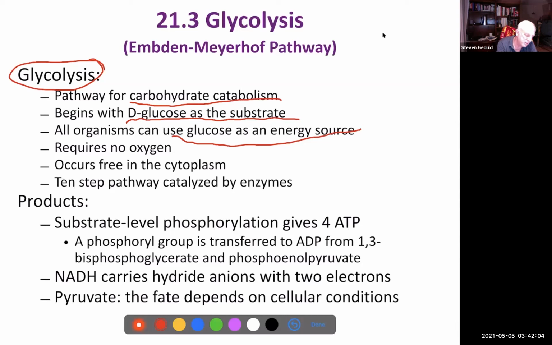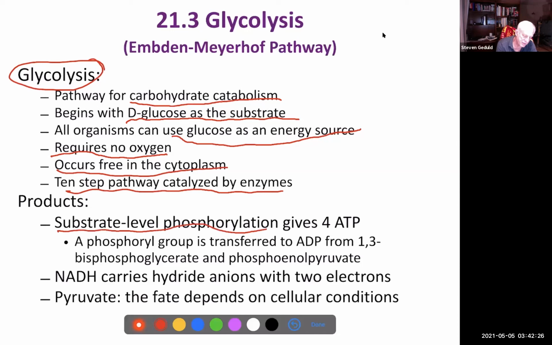It requires no oxygen. It occurs free in the cytoplasm. In other words, it doesn't cost energy for glycolysis to occur. It's a 10-step pathway catalyzed by enzymes. The products of glycolysis: you have substrate level phosphorylation.